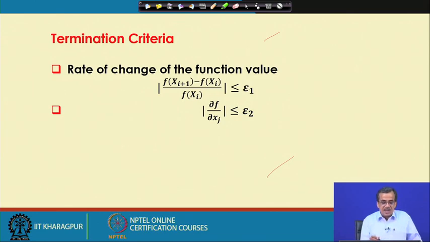The termination criteria are as follows: the rate of change of the objective function value, that is, the mod value of f of x i plus 1 minus f of x i divided by f of x i, should be less than or equal to some small value epsilon 1, or I can find out the partial derivatives with respect to the variables, and their mod values should be less than or equal to epsilon 2. So, this could be the termination criteria for this algorithm.